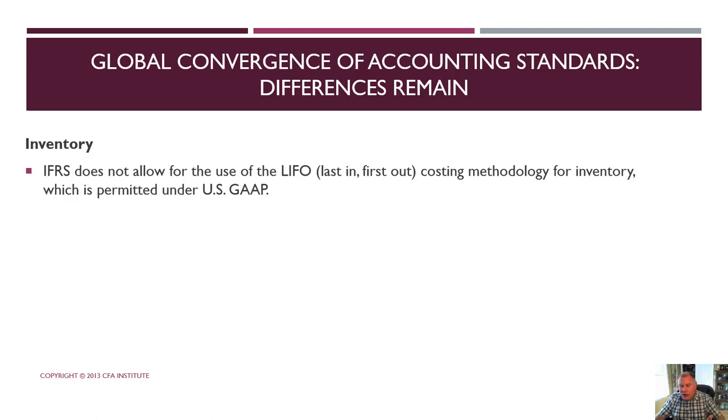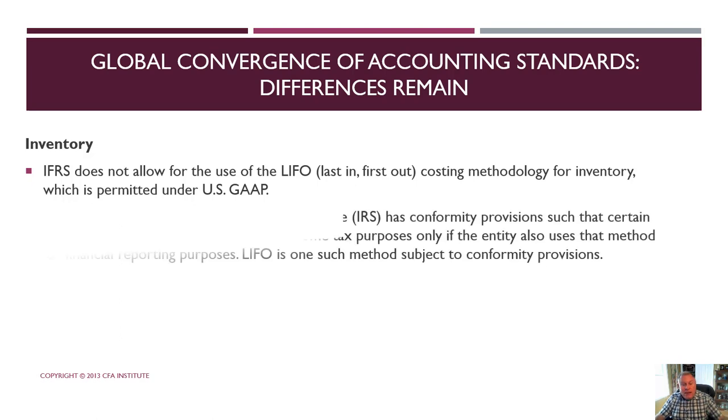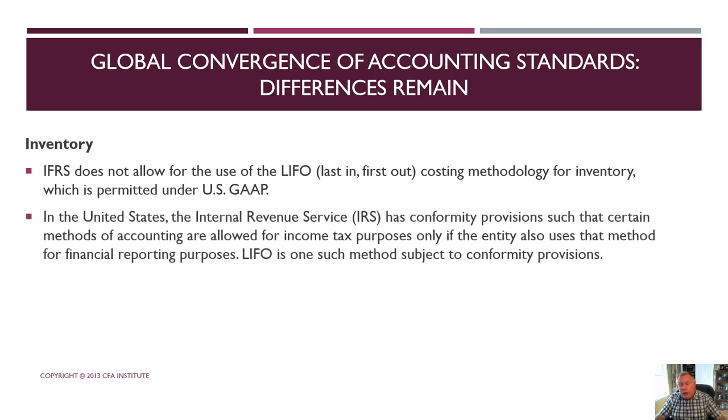However, for U.S. tax purposes, this last in, first out is used. Generally, assuming a rising rate environment and somewhat a level of inflation, this would result in a higher tax deduction and an inventory that's closer to a market rate. The one restriction the IRS has is that if you use this for tax purposes, you have to use it for financial reporting purposes.